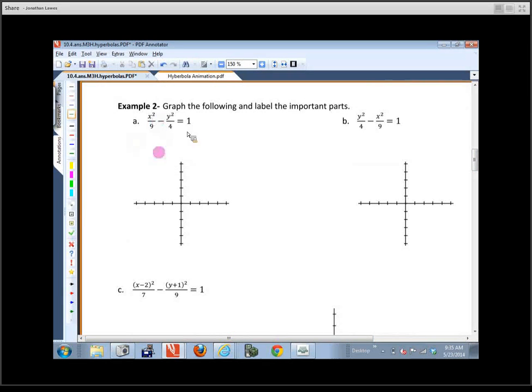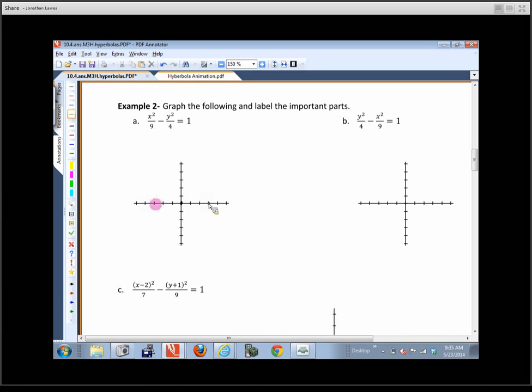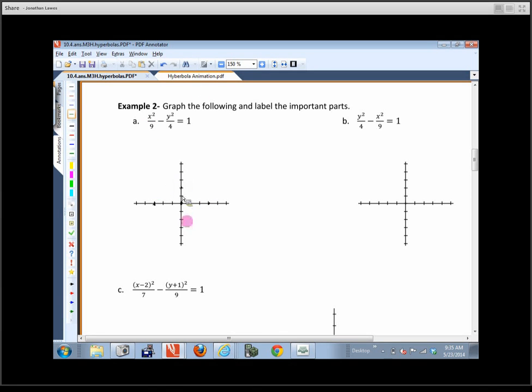Okay, on this problem right here, first of all, what's the center? Center's the origin. How far do I go in the x direction? 3. In the y direction? Only 2. And I'm going to draw the fundamental rectangle. Now, for this same fundamental rectangle, I could have 2 different hyperbolas.